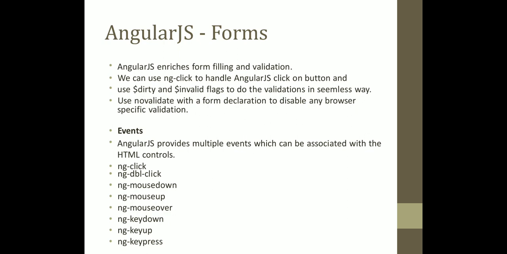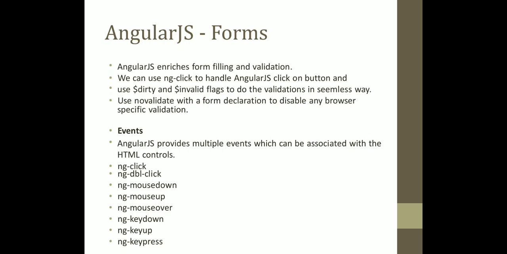For example, ng-click is for a simple click or single click. Then ng-dblclick is there. Mouse down, up, over: what things should be done if the mouse is moving up, over, down. That means you can do coding, or you can use things in the form to control all these particular things that are done by the user.